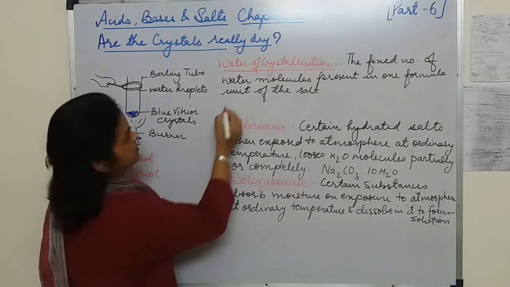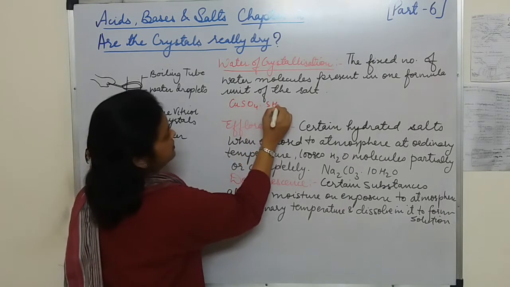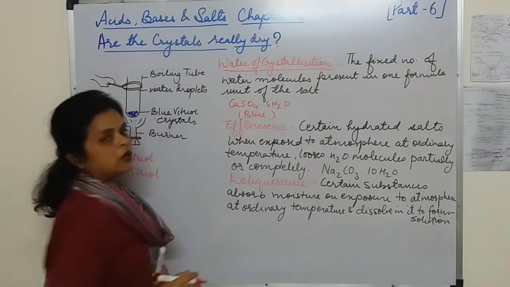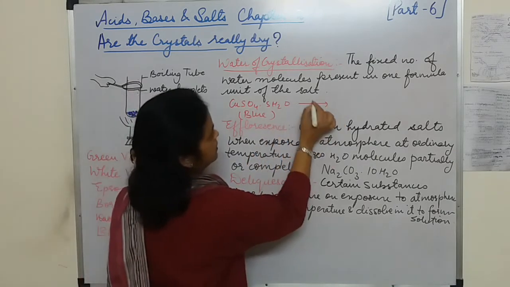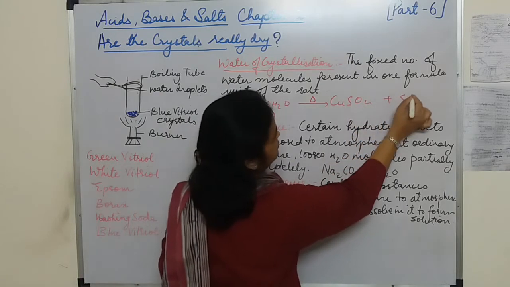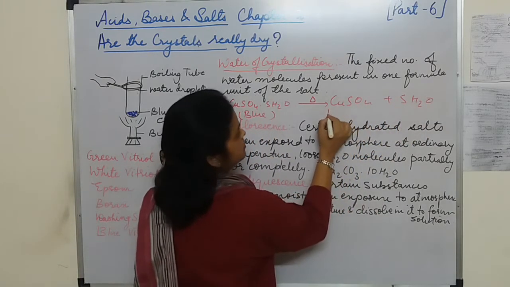what is the formula of copper sulfate? CuSO4.5H2O. The color is blue. Now, when it is heated, it changes to CuSO4 plus 5 water molecules, and the color of this is white.